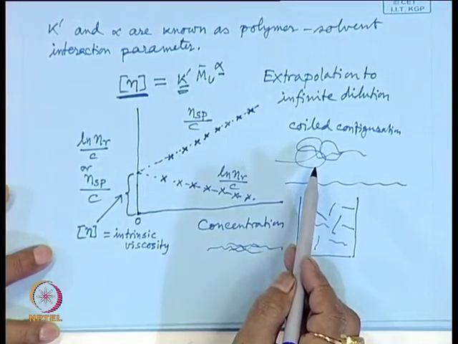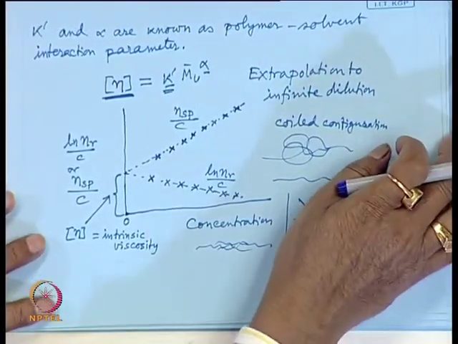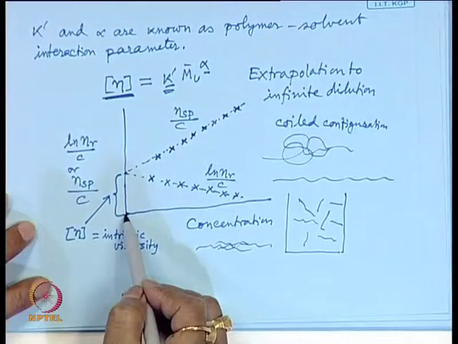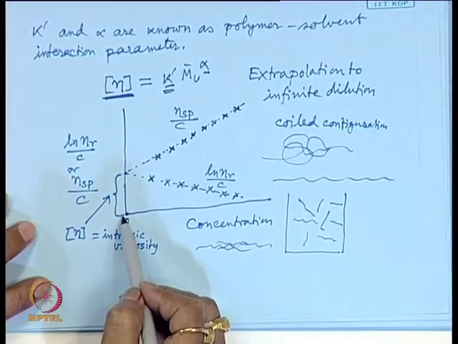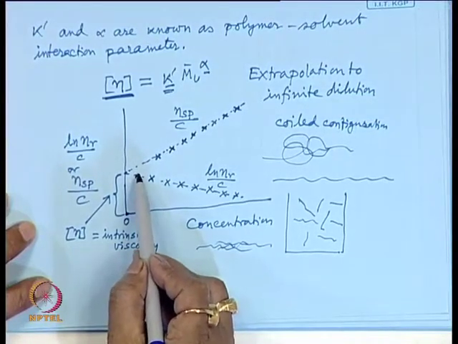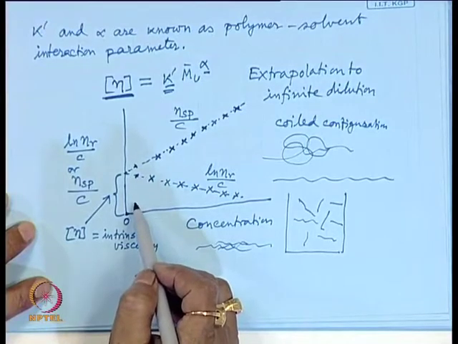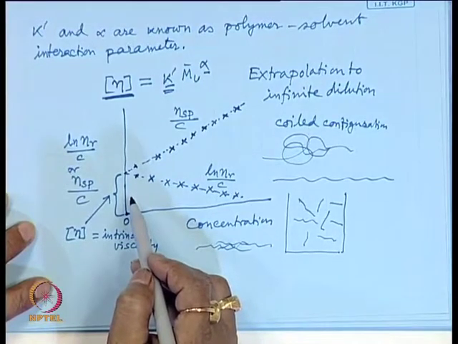That is why when we like to measure the molecular weight by viscosity measurement, we have to go for higher dilution or extrapolation to zero concentration, infinite dilution. Because at these regions the flow times of the solvent and the solution are very close, you cannot distinguish.